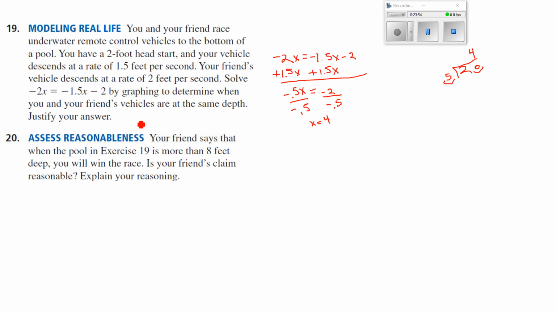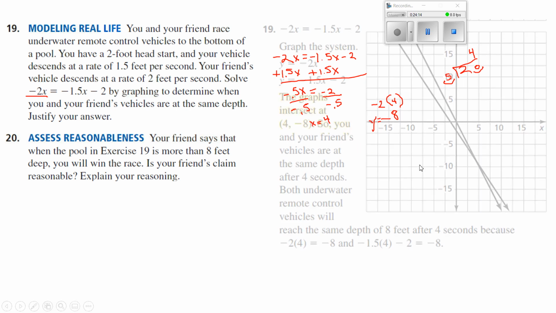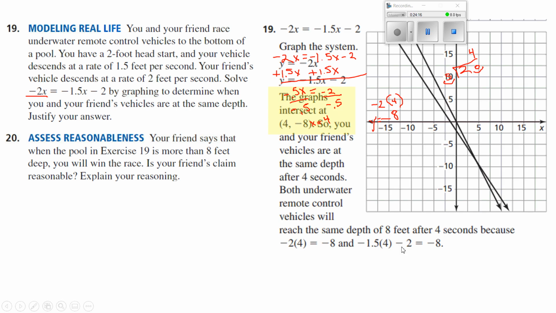Now I'm going to plug in for y. I'm going to take my easier problem right here. And if that's true, negative 2 times 4 will give me negative 8. So y is negative 8. And x is 4. Let's see here.